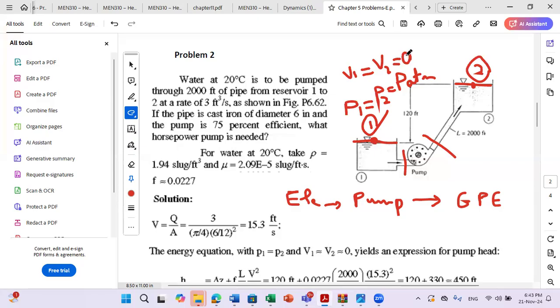Okay. And now I am left with the hydrostatic heads. So I need to take a certain reference. You can take, for example, the reference here. If you take the reference at free surface 1, then Z1 is 0, and Z2 is plus 120.